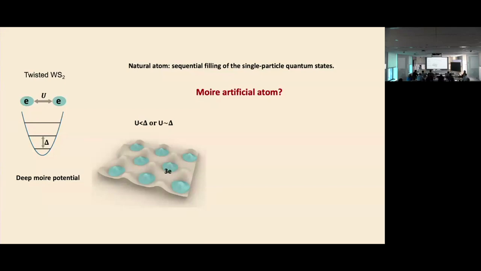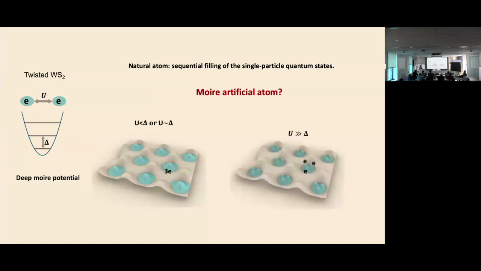On the other hand, when the Coulomb interaction is very large, it will neglect all these quantized levels. Electrons will want to be far apart from each other, so they can be pushed away from the center. Although the center has the lowest potential, when the Coulomb potential dominates, that can actually correspond to the lowest electron density.